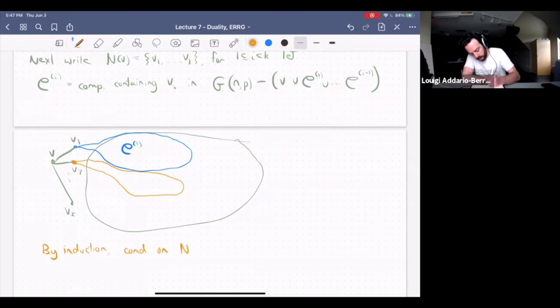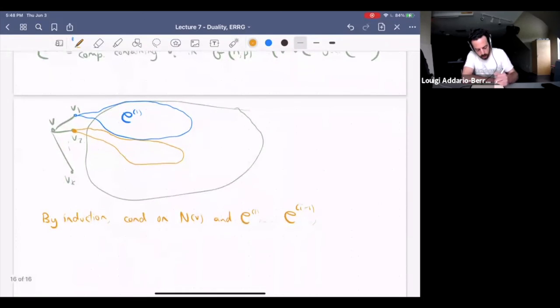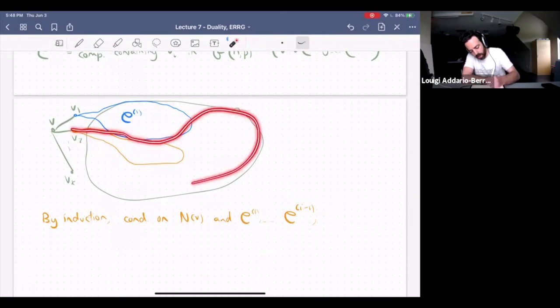conditional on the set of neighbors and on c1 up to c_{i-1}, we know that c_i just looks like the component containing v_i in a graph G(n,p), but for a different value of n.